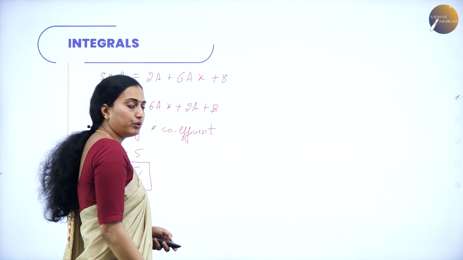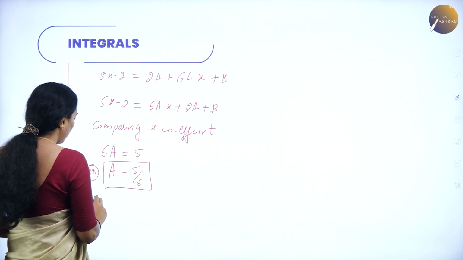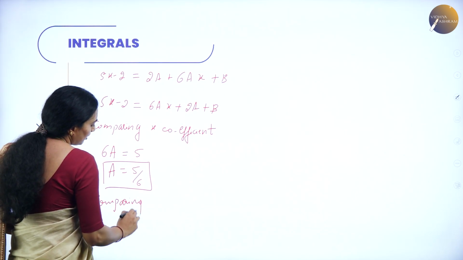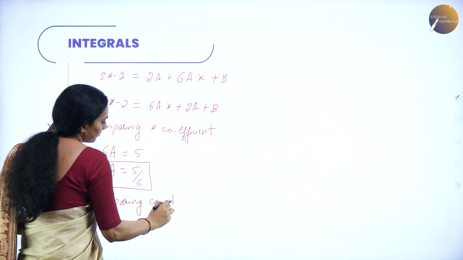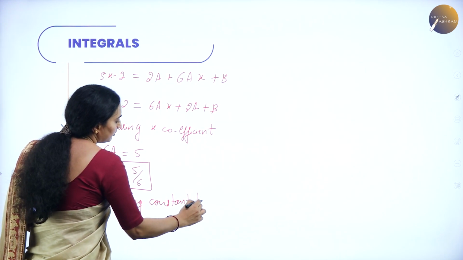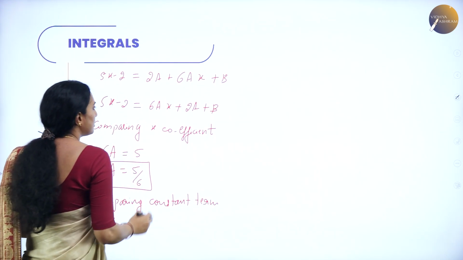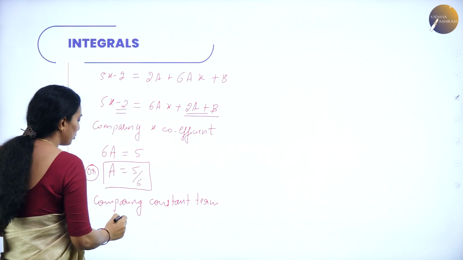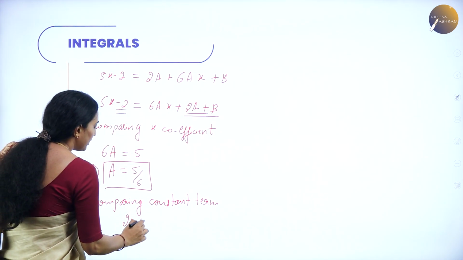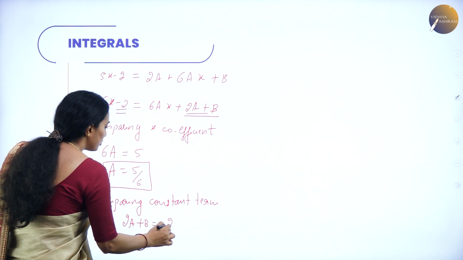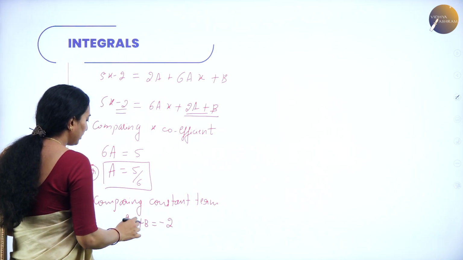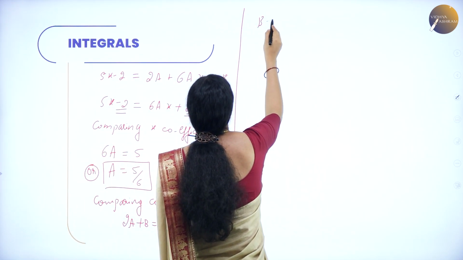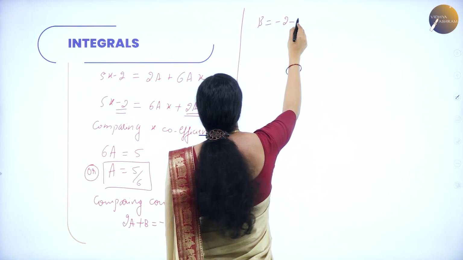Now what we are going to do is compare the constant term. What are the constant terms we have? On the right hand side it is 2a plus b, and on the left hand side it is minus 2. Therefore 2a plus b is equal to minus 2. Otherwise you can take b equal to minus 2 minus 2a.